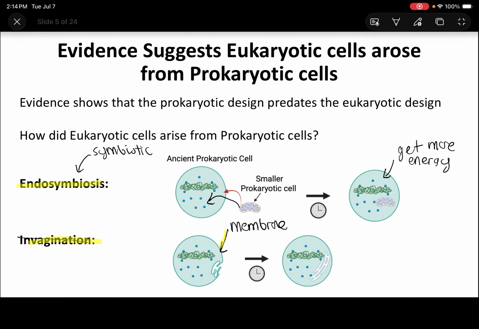And the idea of invagination is that that membrane actually got brought into the cell and started to create these membrane-bound regions that eventually became specialized organelles that then serve a purpose to the cell overall. So again, these are two theories on how eukaryotic cells came from prokaryotes, and they're ideas on how we saw the evolution of a eukaryote from a prokaryote.